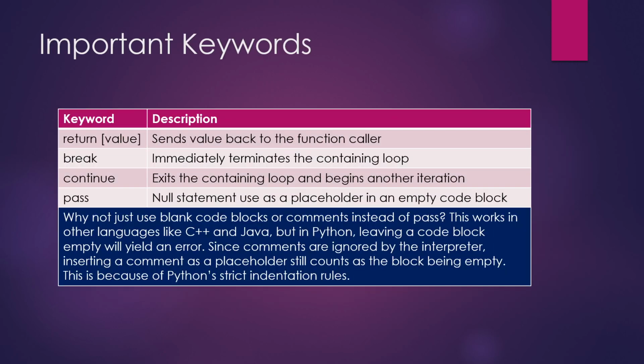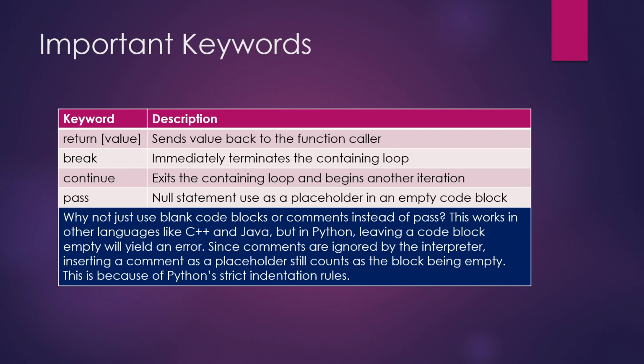Some other important keywords we have here. First off, we have return, which is generally given some kind of value. Again, it sends a value back to the function caller and ends the function. Next, we have break. We saw how this works with loops. It immediately terminates the containing loop.